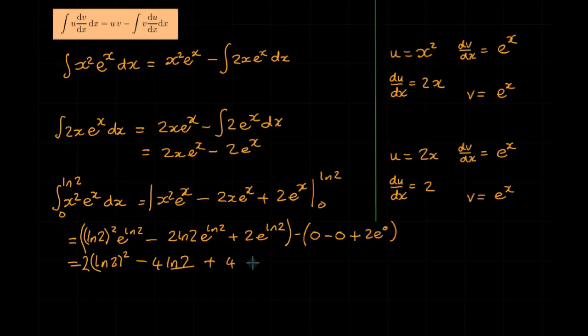Well, e to the naught is 1, so it's minus 2. So that's going to be 2 log 2 squared minus 4 log 2 plus 2.